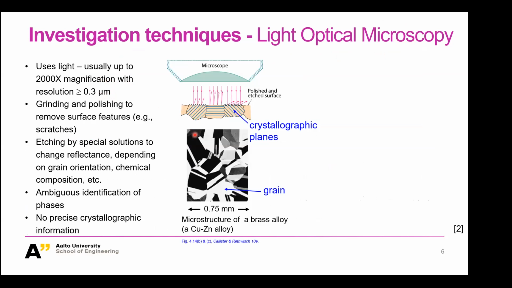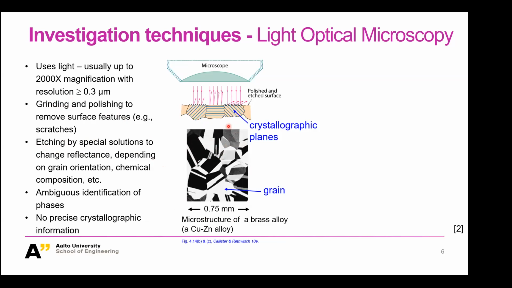If you want to observe your sample under a LOM, you need to prepare it first. First is mechanical grinding and polishing to remove the surface layers. Then you need to do the chemical etching for the sample, because if you have different phases or grains in your material, they will have a different chemical composition or crystal orientation.